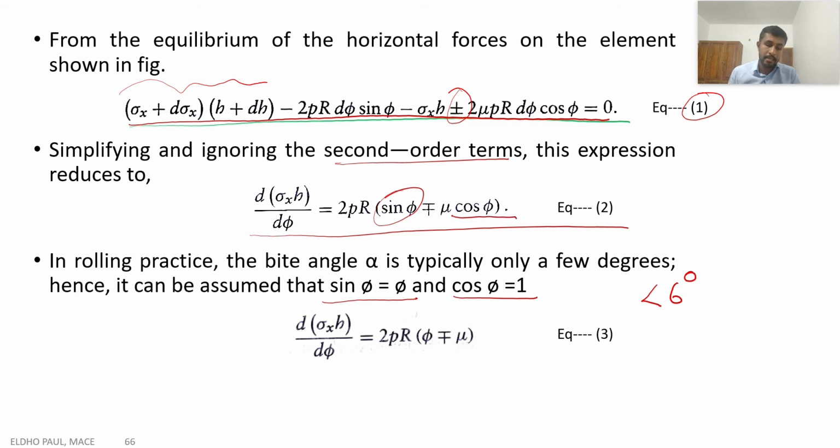By this assumption we simplify equation number 2 again and rewrite it like this. Equation number 3 is obtained by simplification, and it is only applicable where the angle of bite is very small.